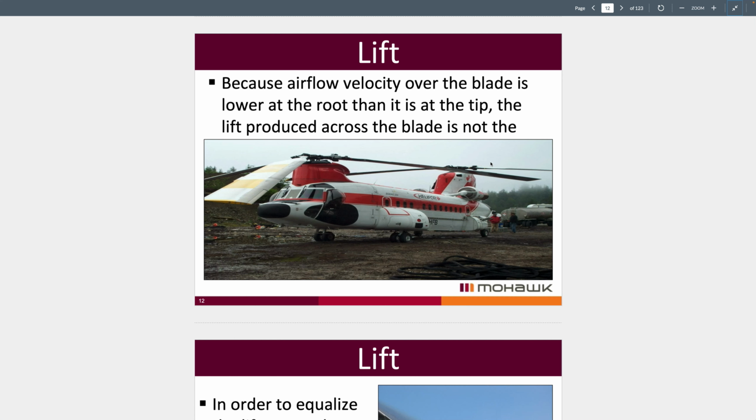So in order to equalize or account for this difference in velocity, some blades are designed to have a twist, a washout. This will allow a lower angle of attack at the tip than what we have at the root.